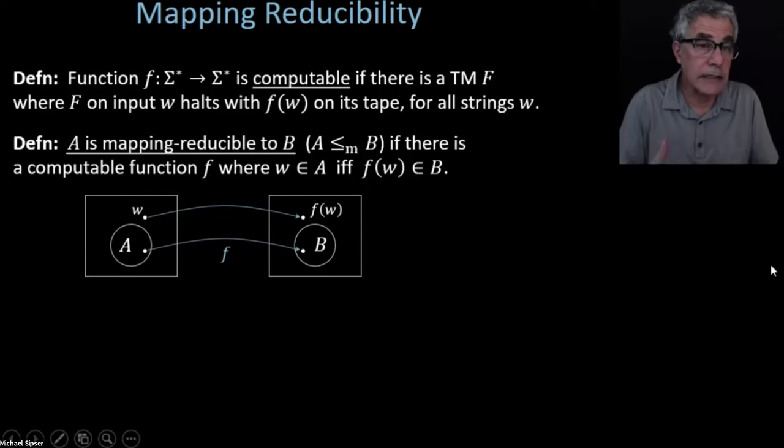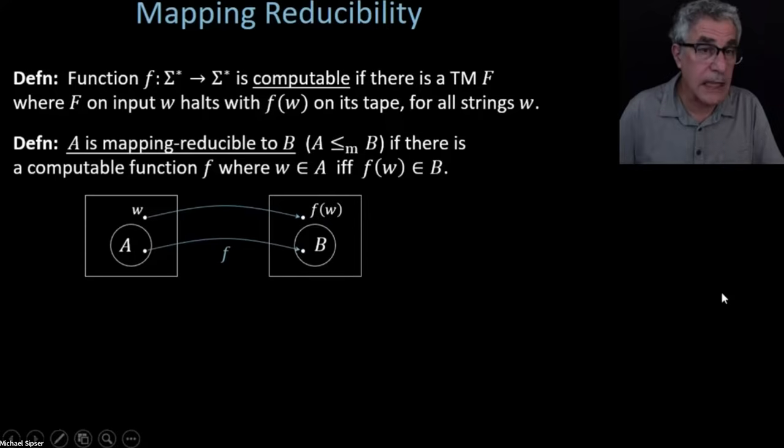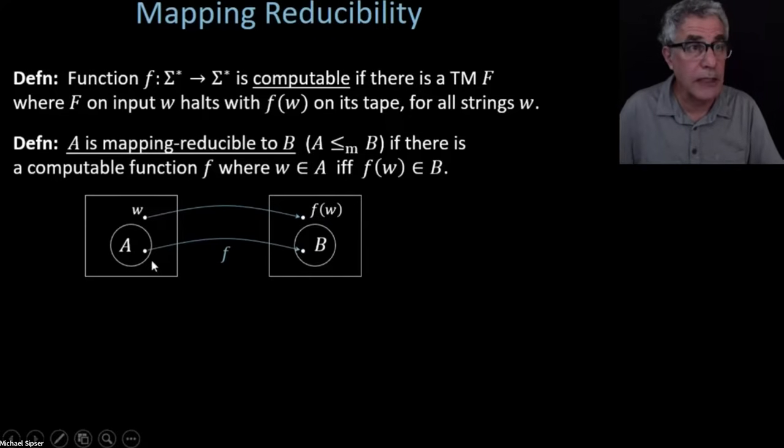It translates inputs which may or may not be in A into other strings which may or may not be in B, but maintaining the same membership property. So if you start out with something in A, when you apply f, you're going to end up with something in B. And conversely, if you're not in A, then you won't be in B. Okay.